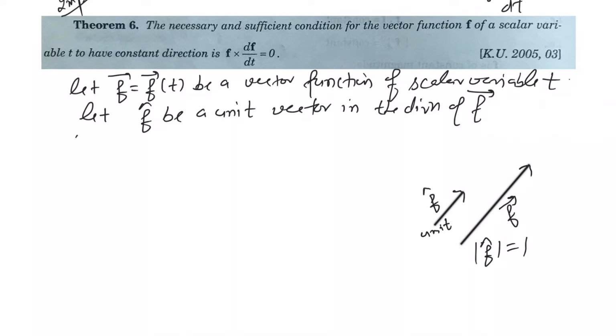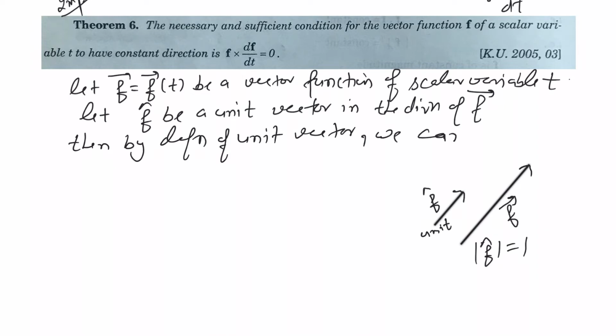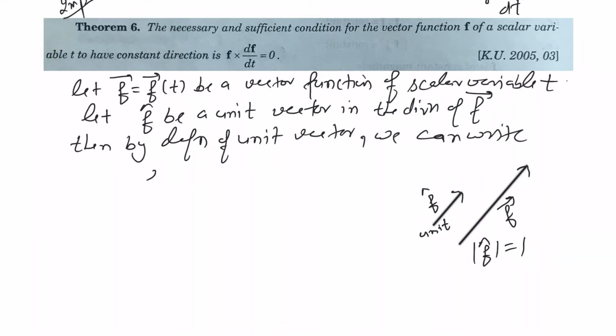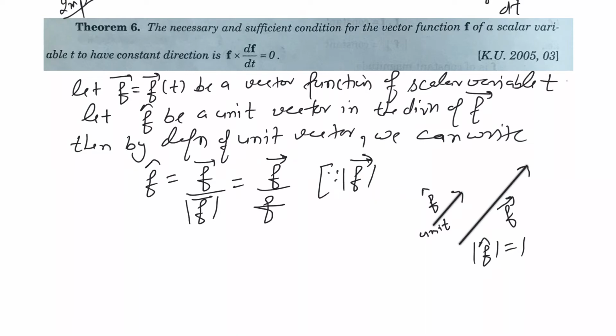Then by definition of unit vector, we can write f cap is equal to f vector divided by its magnitude, which is f. The magnitude of f vector, I write without the arrow over the head, is a shorthand notation: the magnitude of f vector is equal to f.